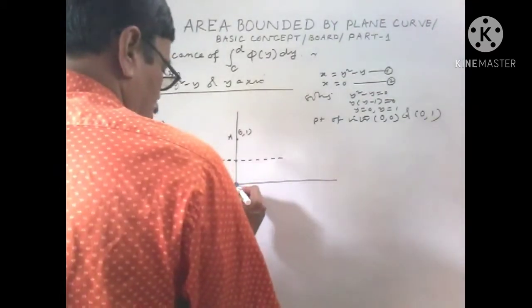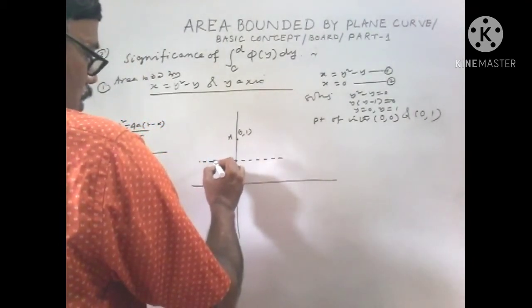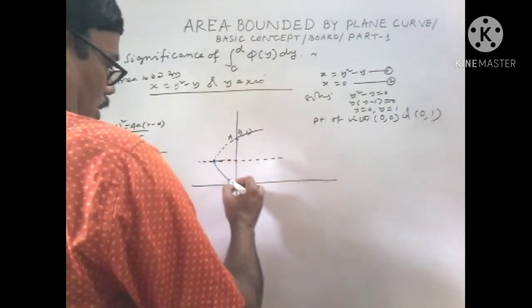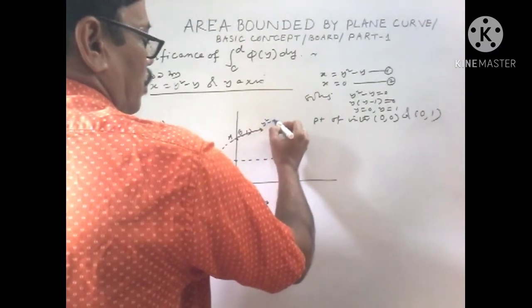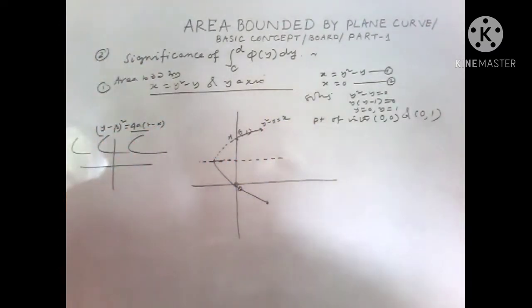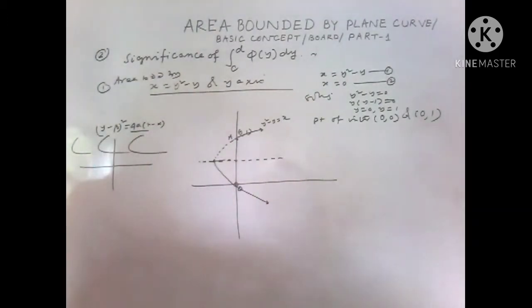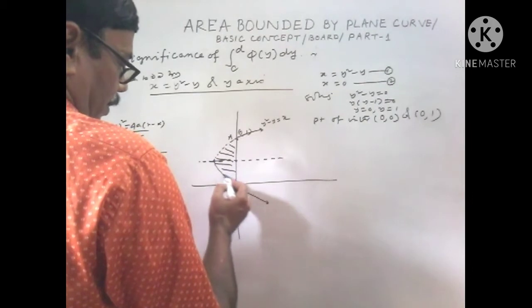It passes through 0, 0 and 0, 1, so the vertex will be in the second quadrant. So this will be the figure. Y square minus y equals x, or you can express it in this form as you please. So this is our area.